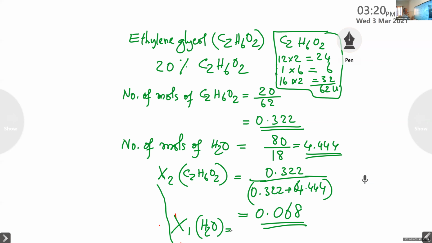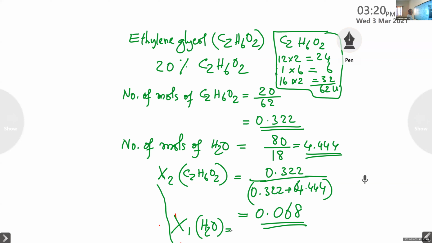That is one method. What is the second method? We know X1 plus X2 is equal to 1. That is the simpler method.